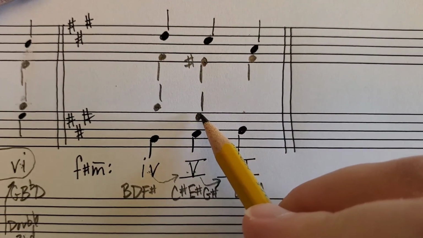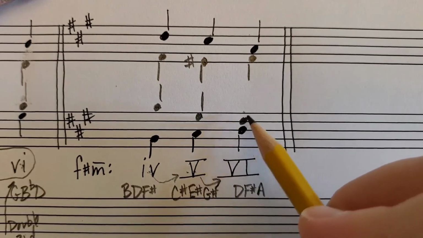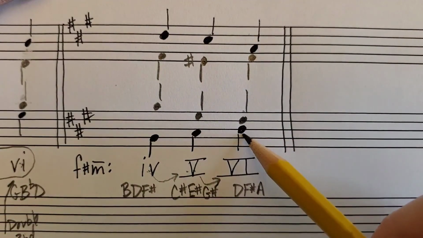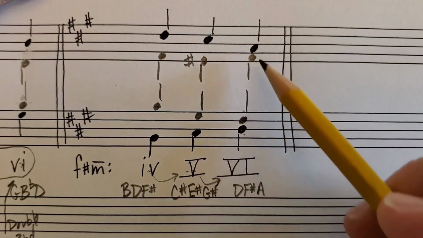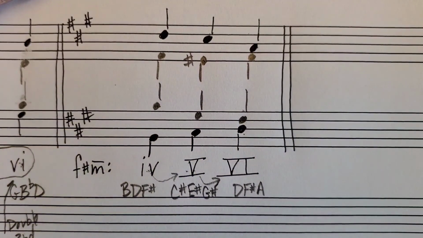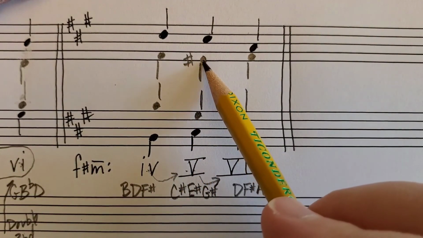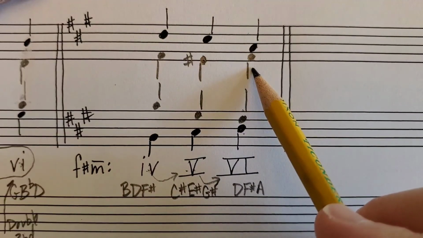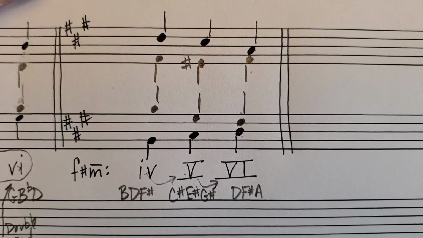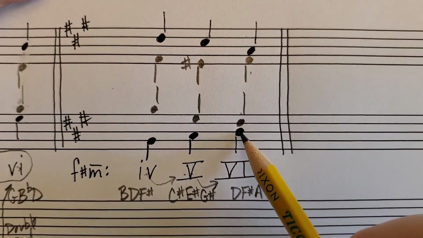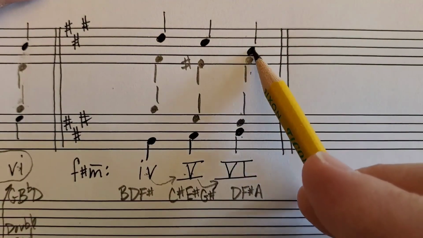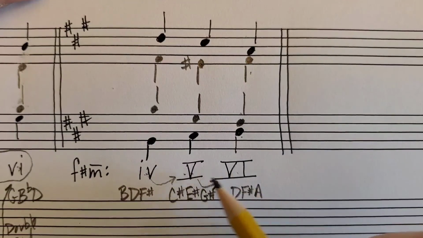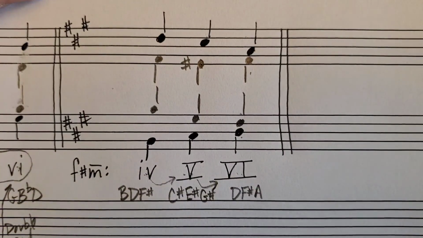So in order to avoid that, move the tenor down to the F sharp. And notice what results: one root, 2/3, and 1/5. Just a reminder, if you were to move this E sharp to the D, E sharp to D is an augmented second interval, and you don't want to write augmented or diminished intervals in your voice leading. So one root, 2/3, 1/5, in the sixth chord when you go from 5 to 6.